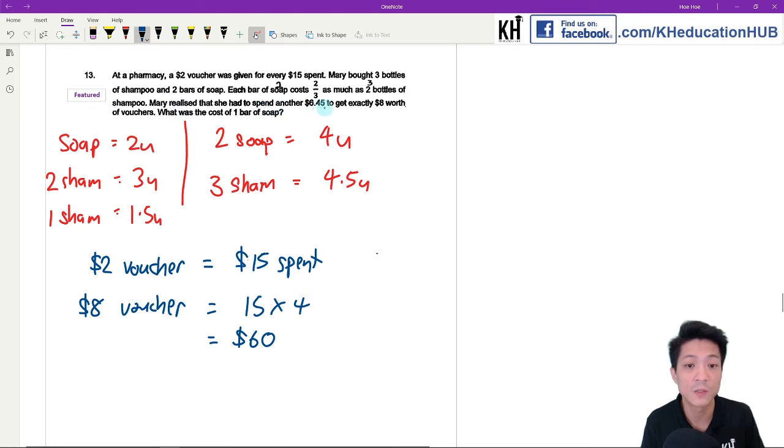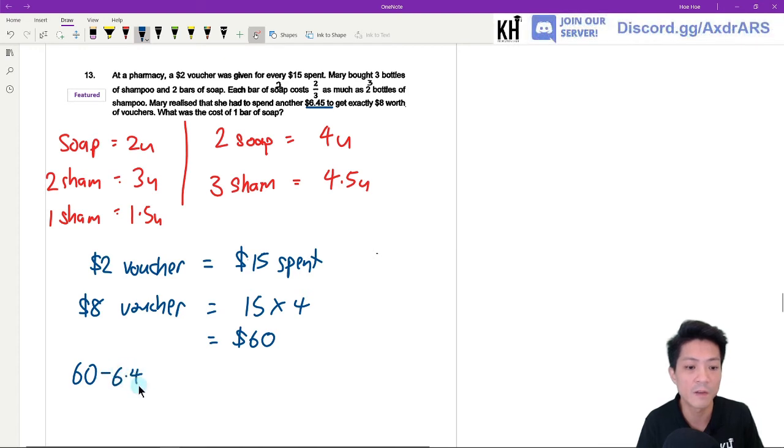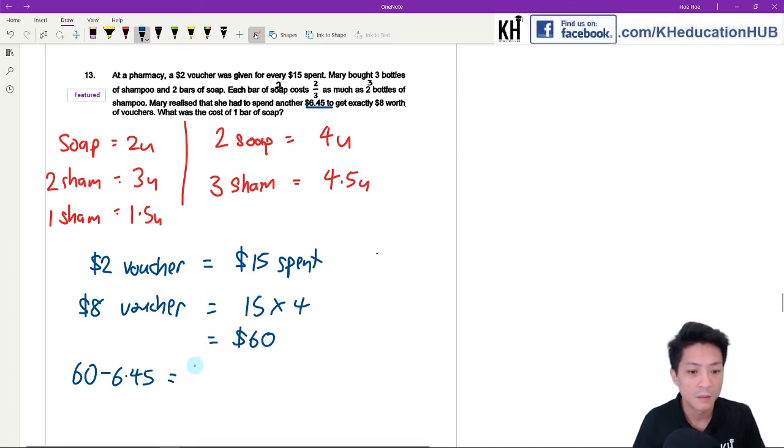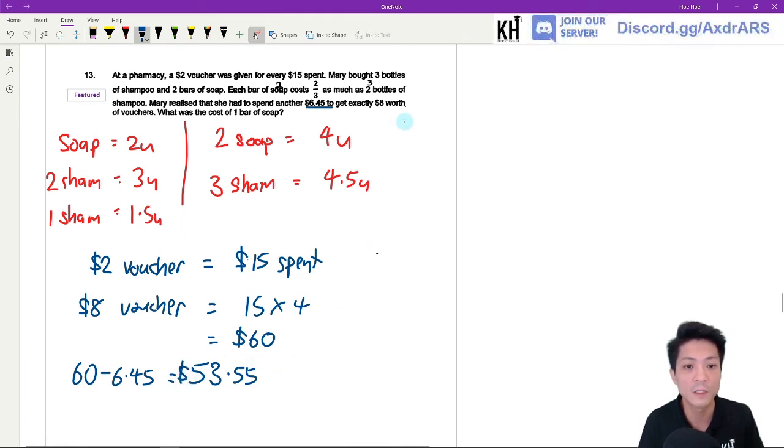Okay, but she had to spend another $6.45, which means that if I were to use $60 minus $6.45, I'm going to get $53.55, and this is basically the cost of the 2 soap and 3 shampoo.